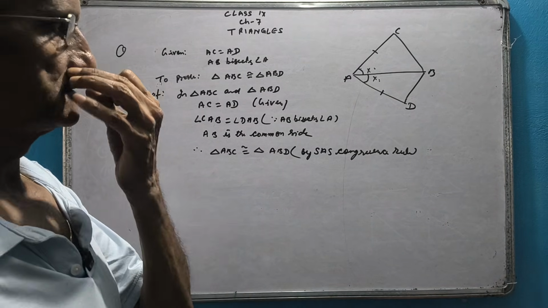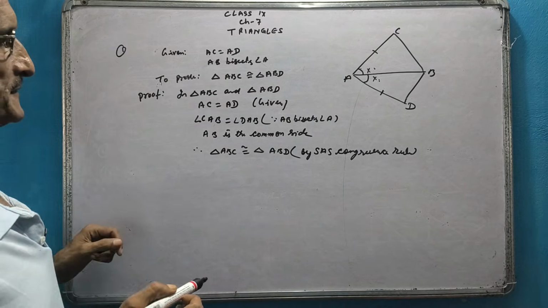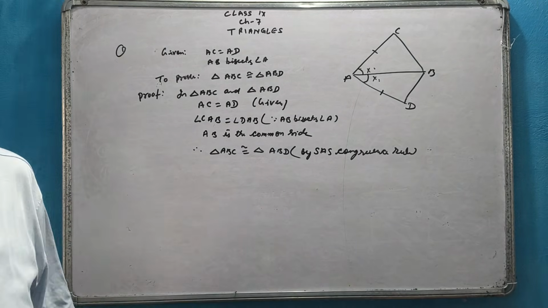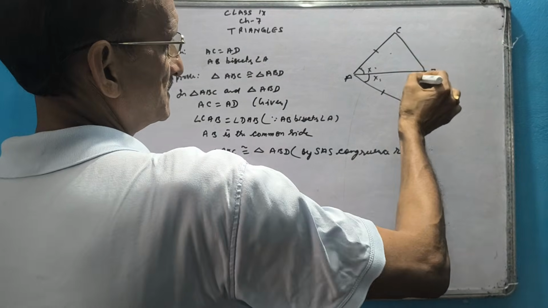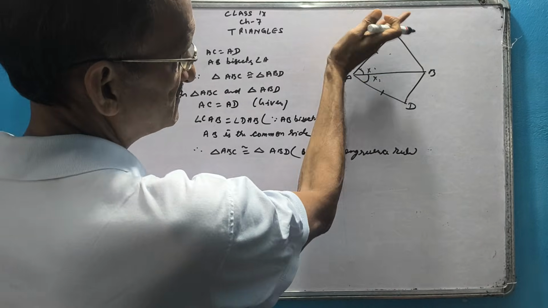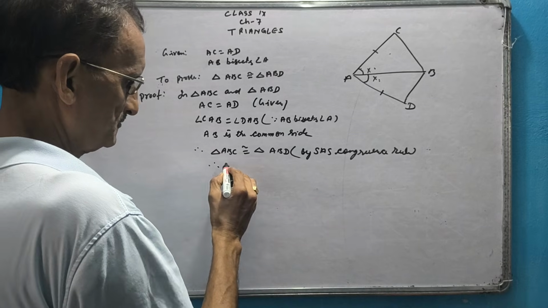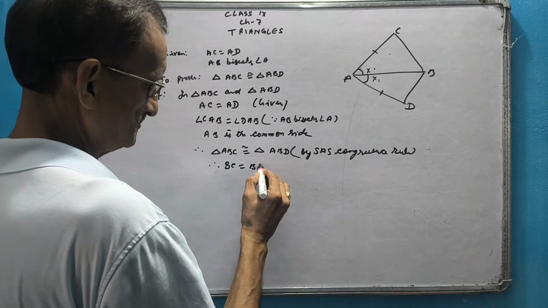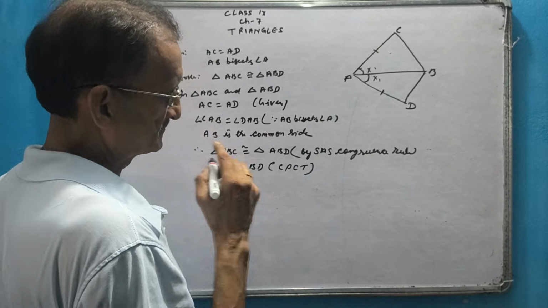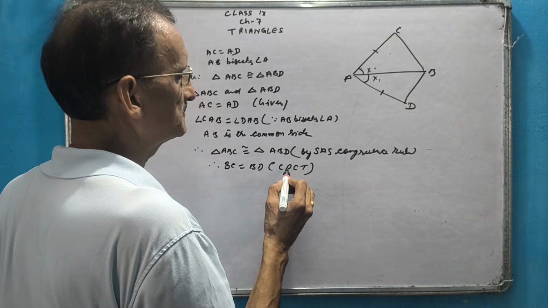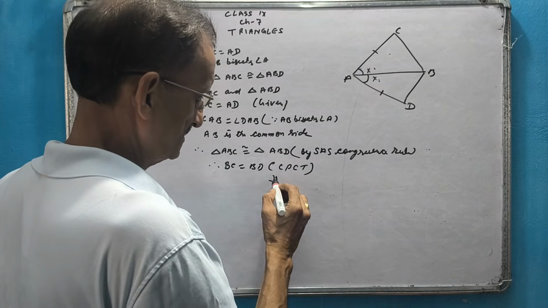Sides will be equal to corresponding sides, angles will be equal to corresponding angles. They are asking what you can say about BC and BD. BC is a side of this triangle and BD is a side of the other, and when we fold it, BC will fall on BD. So these are corresponding sides. Therefore BC equal to BD, by corresponding parts of congruent triangles, CPCT in short form. Parts means either sides or angles. So that's all.